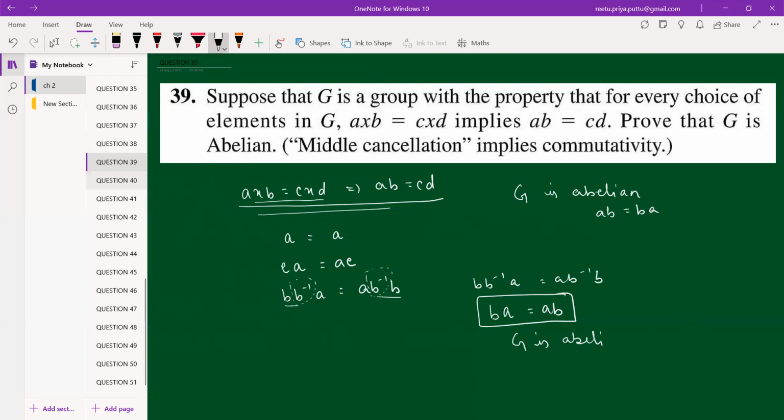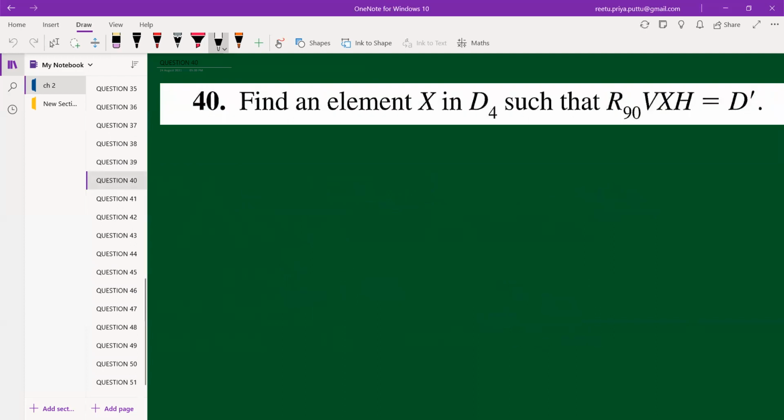Okay, next come to 40, that is the last question. We have to find X in D4 such that R90 V X H equals D dash. Now D dash is along another diagonal, H is horizontal flip, V is vertical flip, and R90 is basically rotation by 90 degrees.